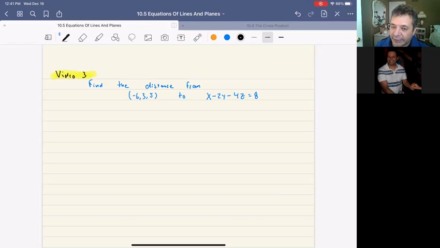With this example, what we have is a point, (-6, 3, 5), and we have a plane over here.